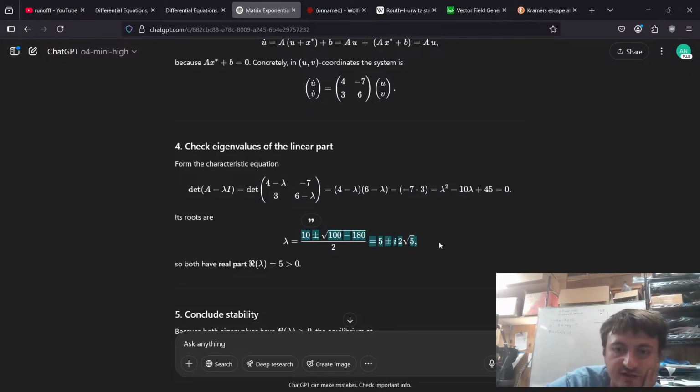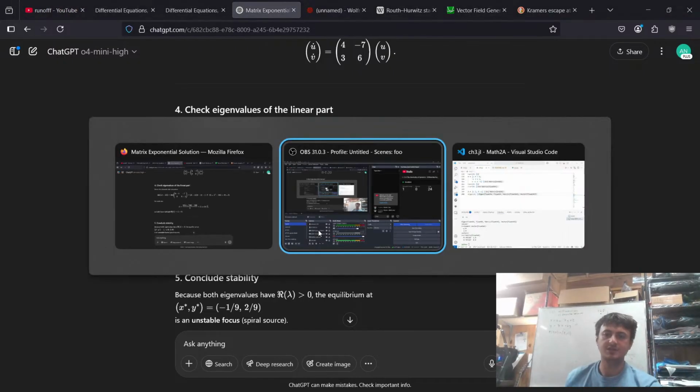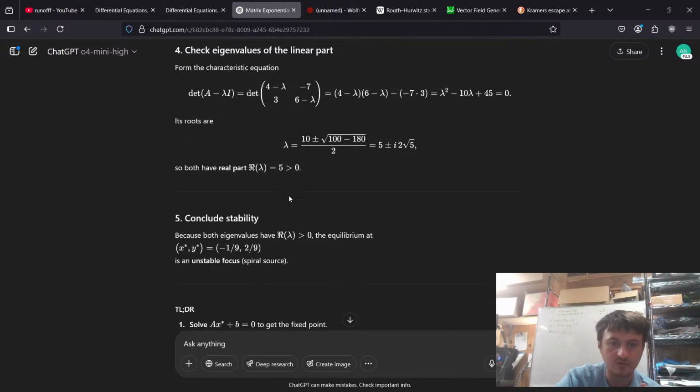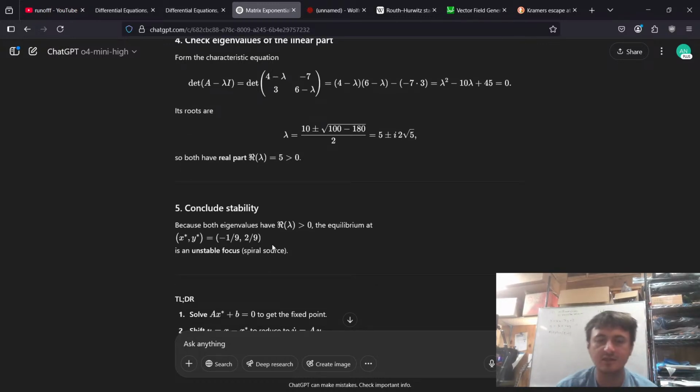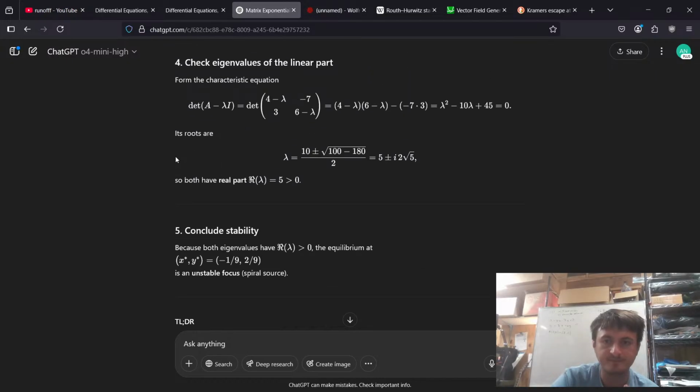Okay, so you get these eigenvalues. Both have positive real part, so because they're both unstable... Oh, but see, that's a little bit harder. I mean, in the long run, they all go away, but what really happens is it starts to spiral around it.